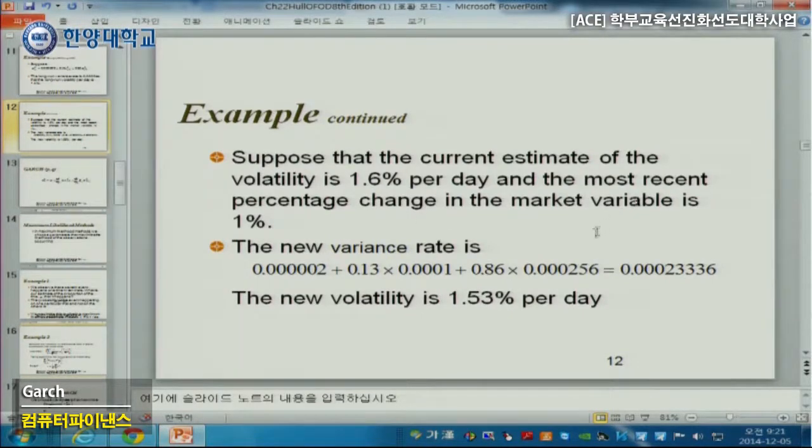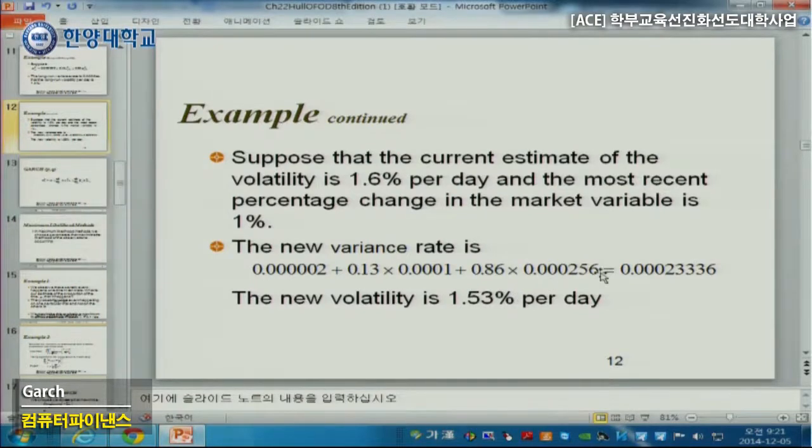Since that was 1%, which is 0.01, the square is 0.0001. And then yesterday's volatility is 1.6%, so we have to square it. So our new variance becomes this one, which is sigma squared. If we take the square root of this, it becomes 1.53% per day.